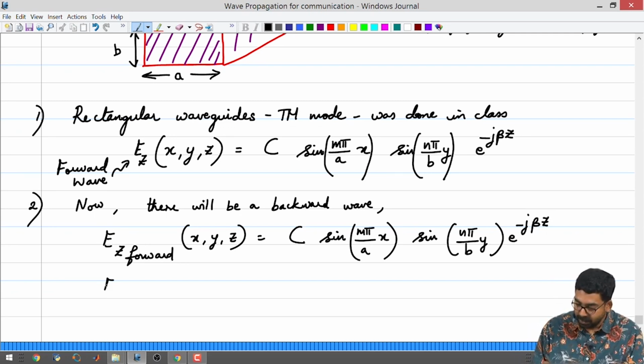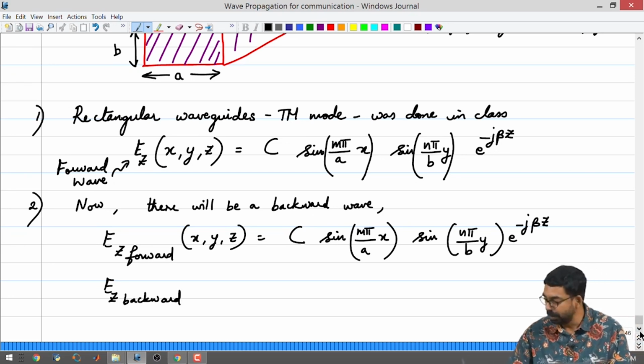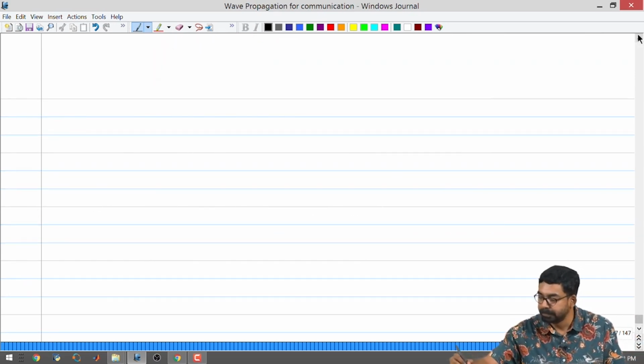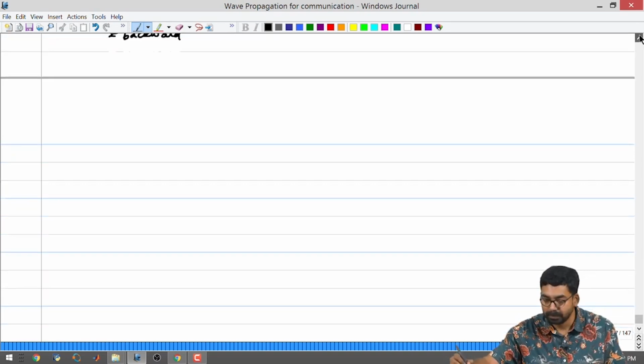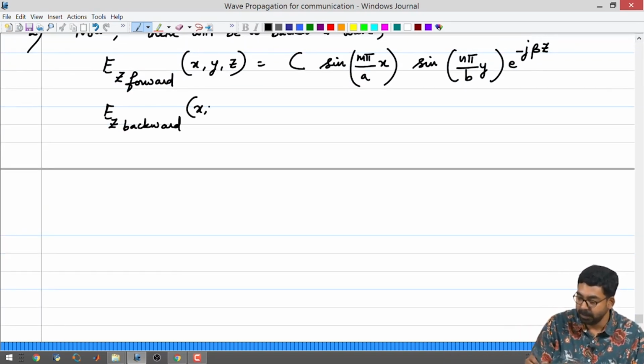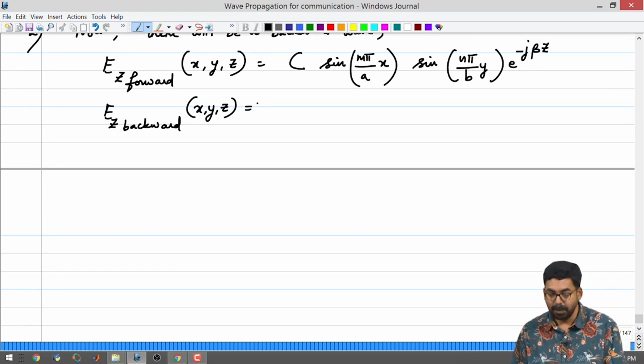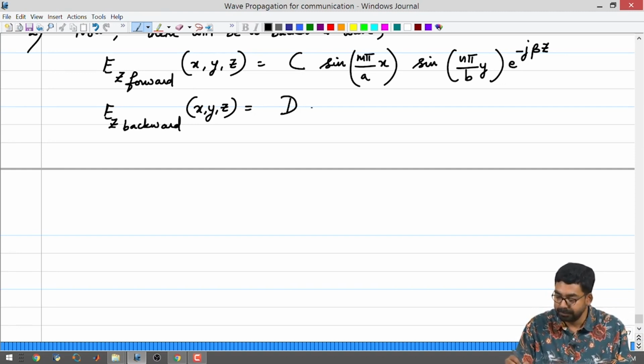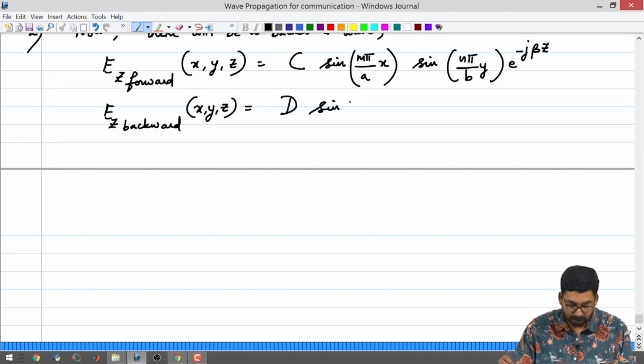If I had to write down the backward wave, just by looking at this expression, I can mark a new term. Ez backward will also depend on the position x, y and z, and I can say that this could be some constant. With respect to the cross section, the standing wave patterns are going to look identical.